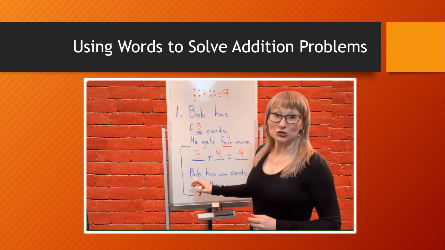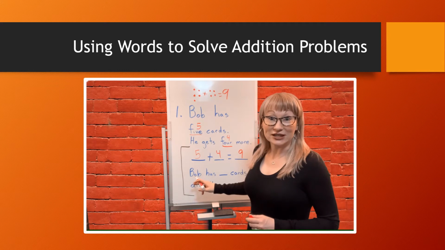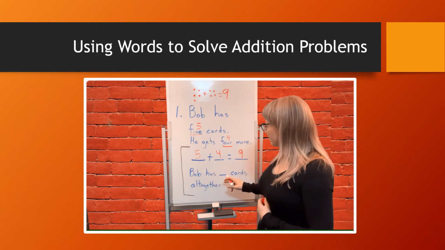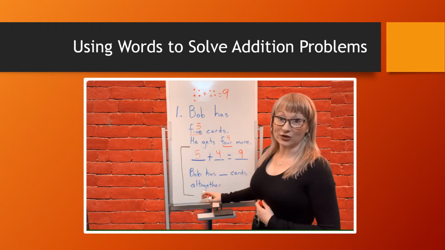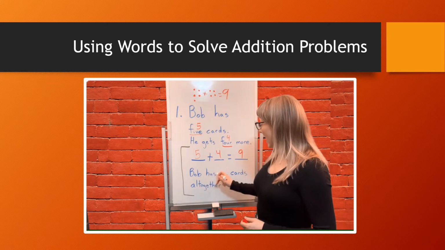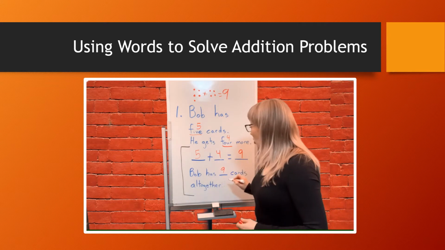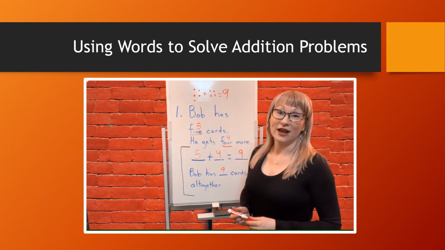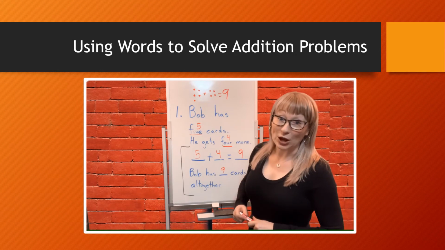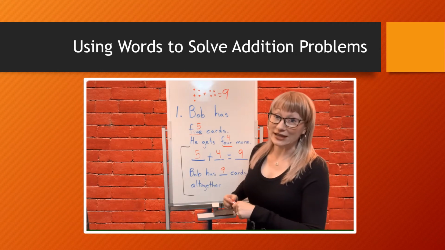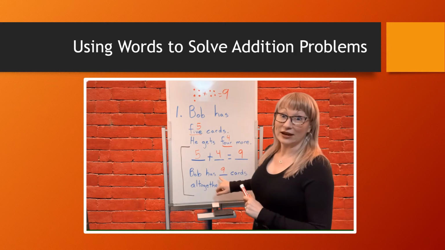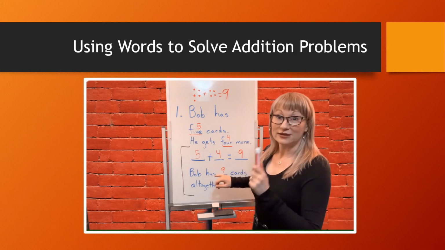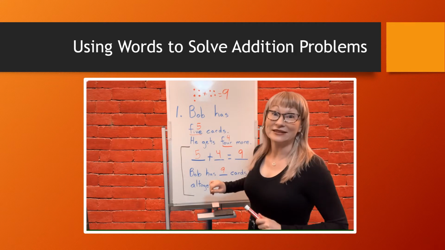And then I want you to write the sentence with your solution in it. So Bob has blank cards all together. So we're going to write down Bob has 9 cards all together. Now, if you want to kick it up a notch and show me you really know your stuff, instead of writing the numeral 9, let's see if you can remember how to spell 9.